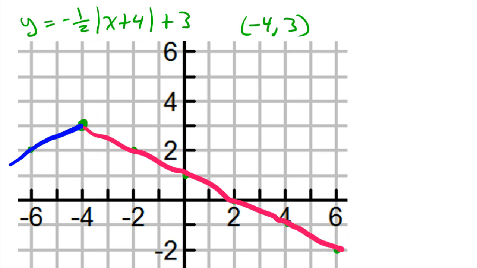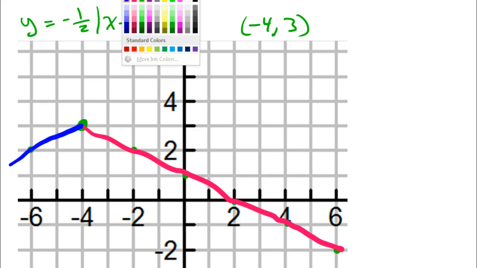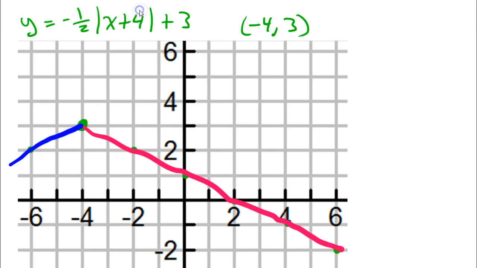All right, as I do my piecewise function, on the blue side, again, because of the 1/2 here in the front, I know the blue side, this is uphill, so this is going to be positive 1/2 x.